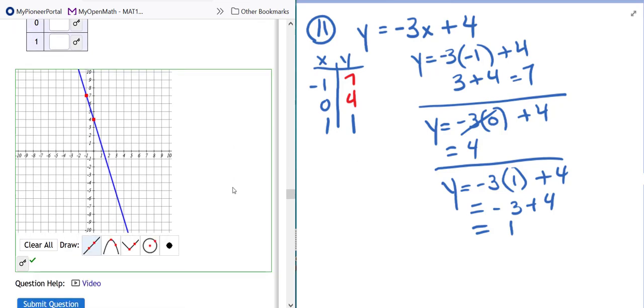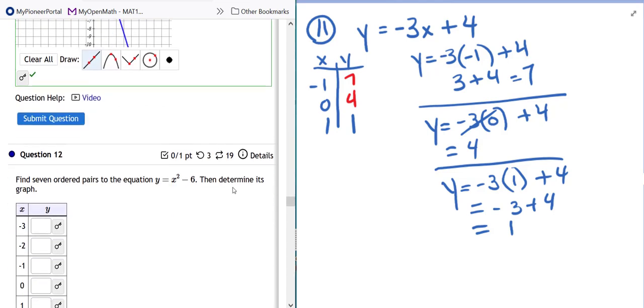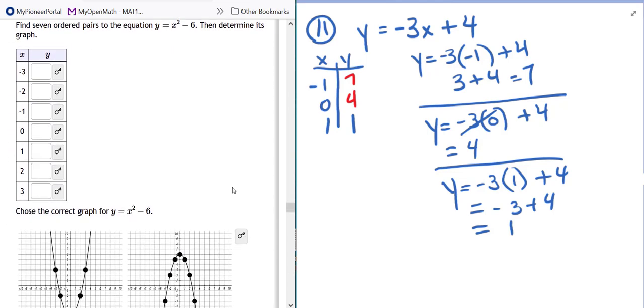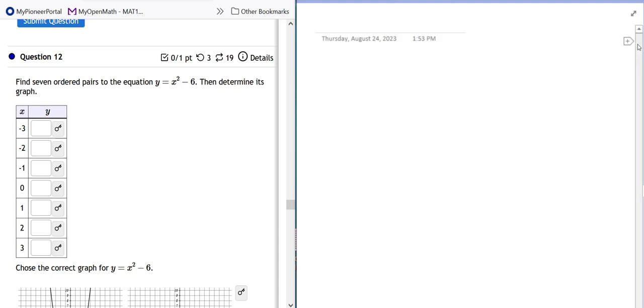Okay, so 12 is a different kind of graph, and if something is nonlinear, you need more values. 2 points will actually tell you where a line goes. Normally with lines we pick 3 so we have a checkpoint.